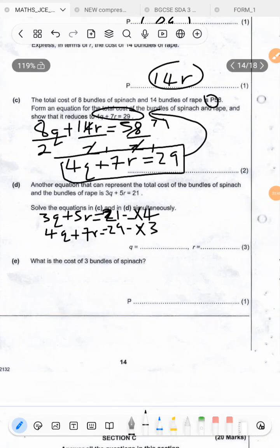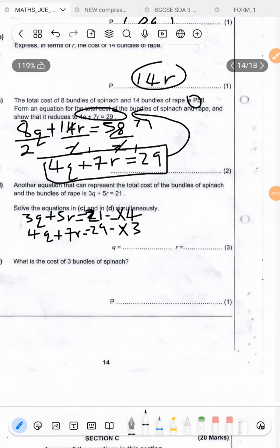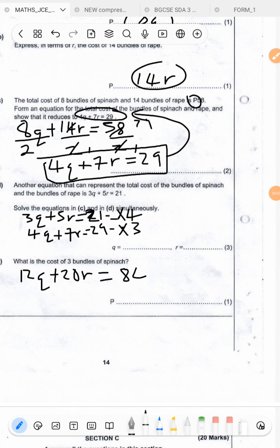The equations are going to be 3 times 4, that's 12Q, plus 5 times 4, that's 20R, equals 21 times 4, which is 84. Then 3 times 4Q is 12Q, plus 7R times 3 is 21R, equals 29 times 3, which is 87.